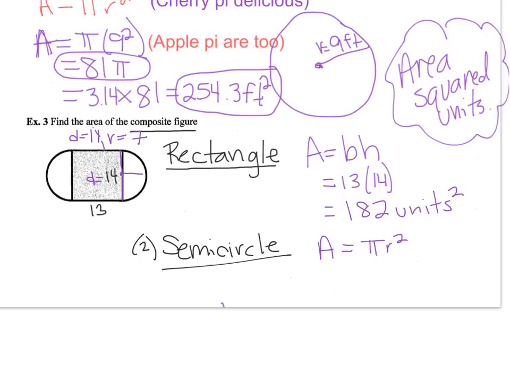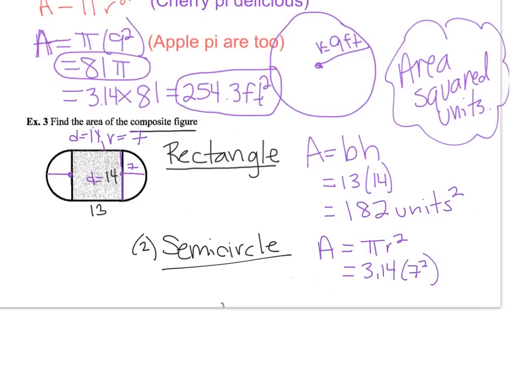Let's jot that in. So 3.14 for pi times 7 squared. When I find this area, I'm finding the area of both of those semicircles if they were smushed together. So I'm actually finding the area of a circle.